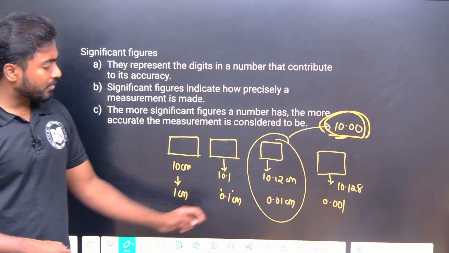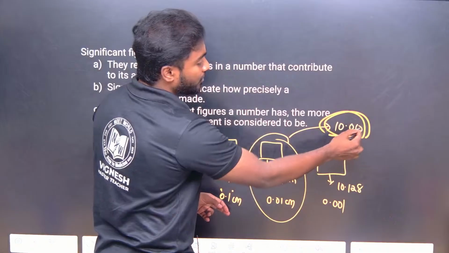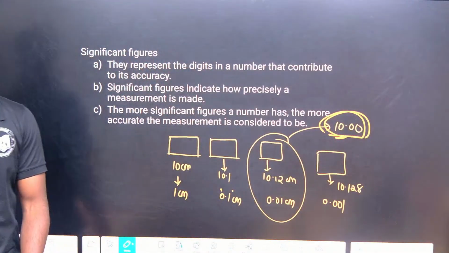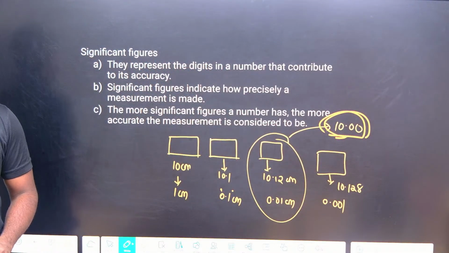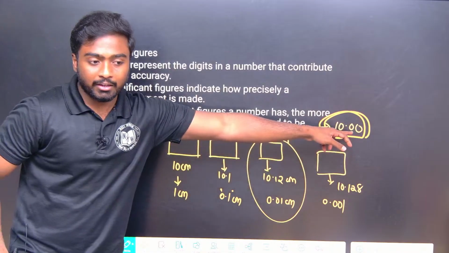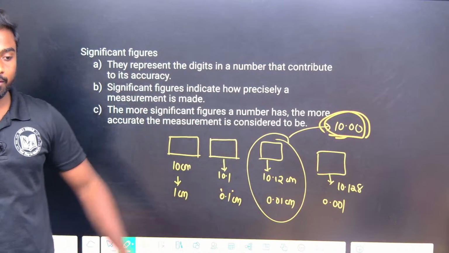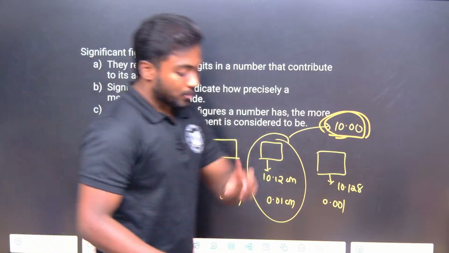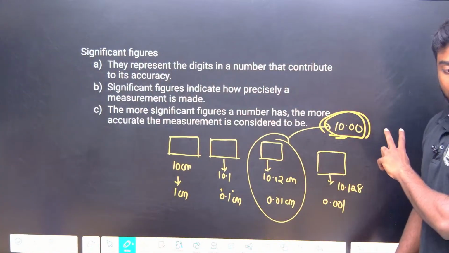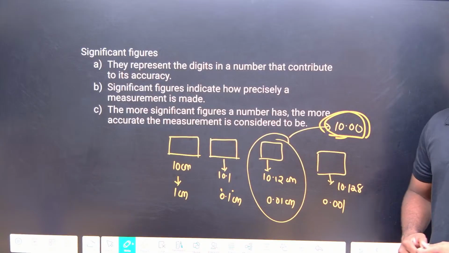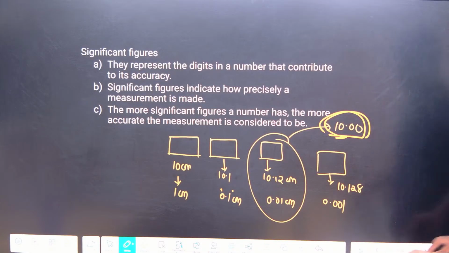Suppose the object is 10.01, how many significant? 4. So here accuracy is increasing: when least counts are decreasing, accuracy increases. Once we complete every rule, then we go for the question you asked.